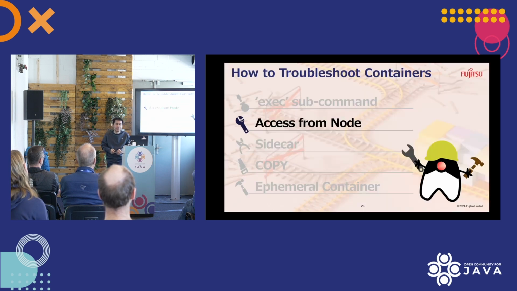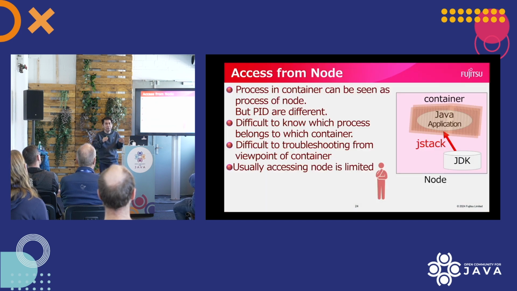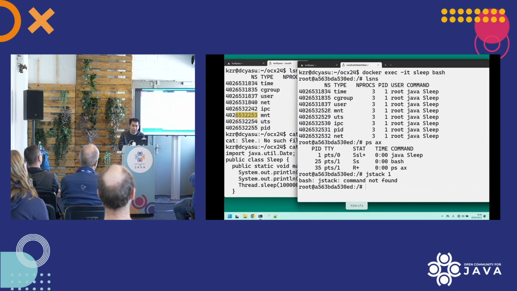And the next method is to access the container from the node. If you have the privilege to access the node or host, you can see the process in the container from outside the container. But the problem is that process IDs are different. Let me show an example.